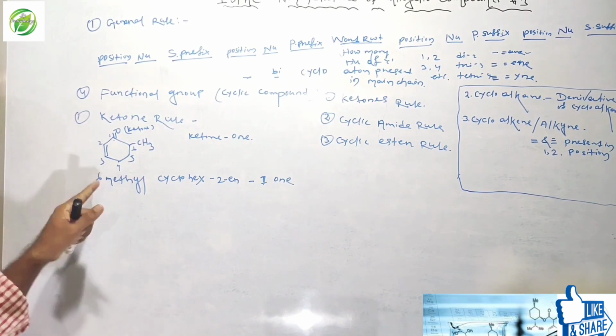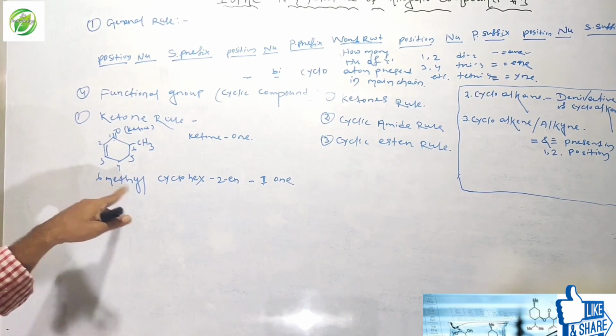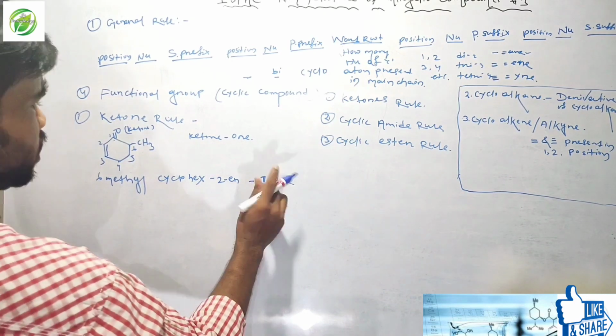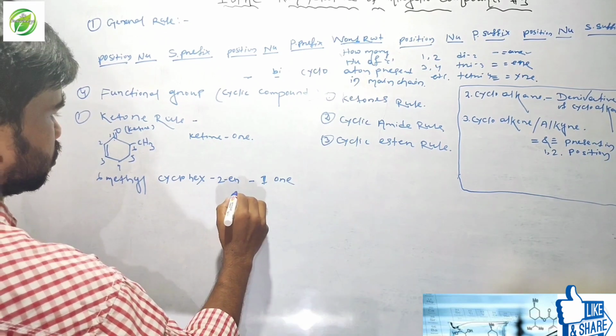So this compound name is 6-methyl cyclohex-2-en-1-one.